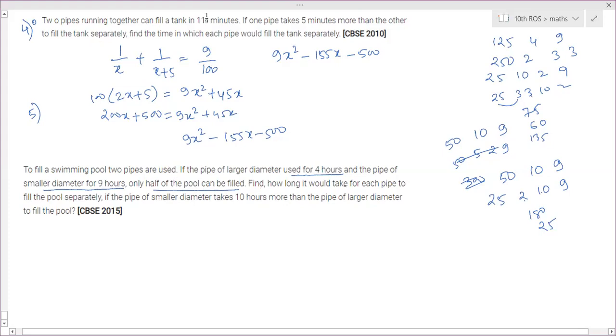Find how long it would take for each pipe to fill the pool separately. Here a condition between the times is also given: the pipe of smaller diameter takes 10 hours more than the pipe of larger diameter to fill the pool.